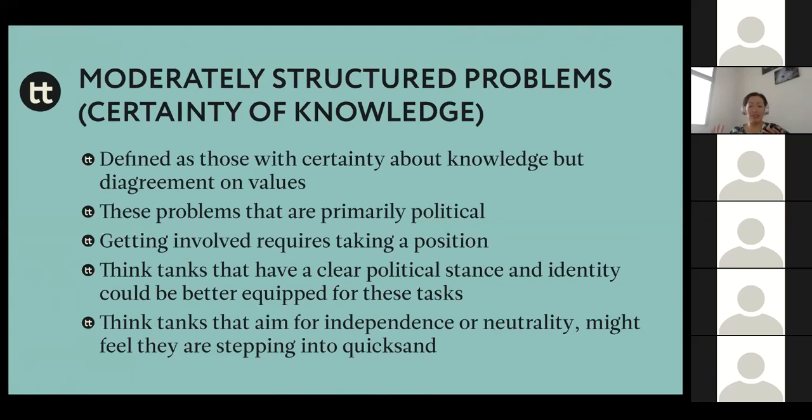Think tanks that have a clear political stance and identity may be better equipped. So we know that there are also think tanks of specific parties or think tanks of specific policy perspectives, and since they already have this definition of their norms and values, they might be better equipped at handling these types of problems.